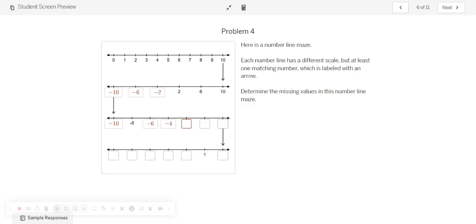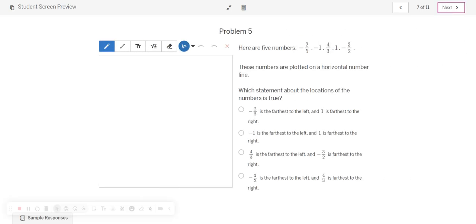If you mess up any one of these, I think you're not going to get credit for this. Finally, 0 and 2, oops, 2. Then down here is a 2, 1, 0, -1, -2, -3, and -4.